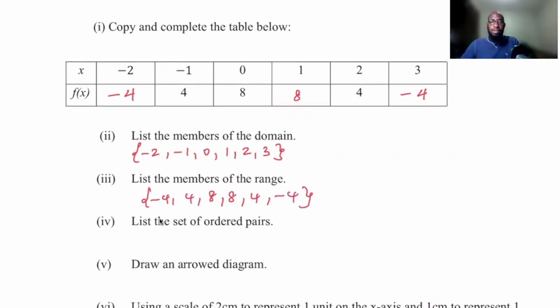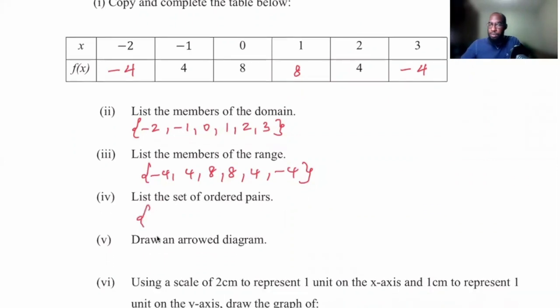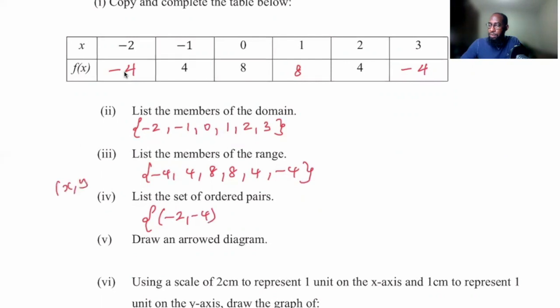Now we have to list the set of ordered pairs. So we have to remember an ordered pair consists of first coordinate x, second coordinate y. So we put our open curly bracket. Let me write our brackets a little better than that. Open bracket, we put in negative 2, negative 4, x and y. Remember, an ordered pair looks like this: we must have our curved bracket, the x value, comma, y value, closed curved bracket.